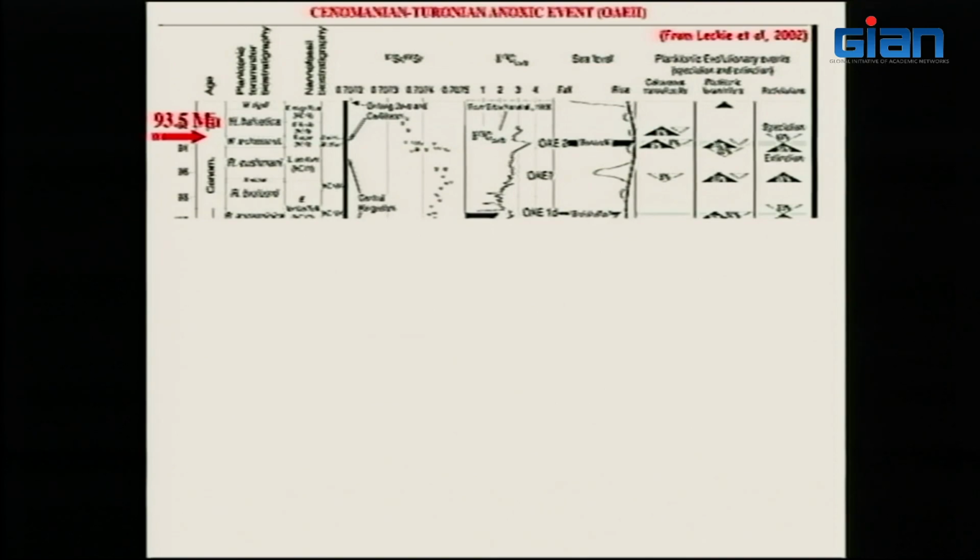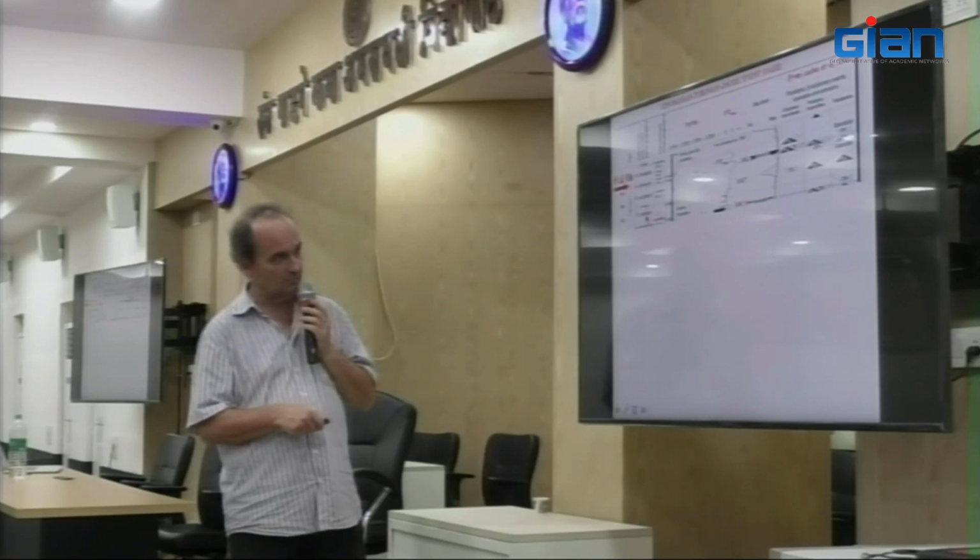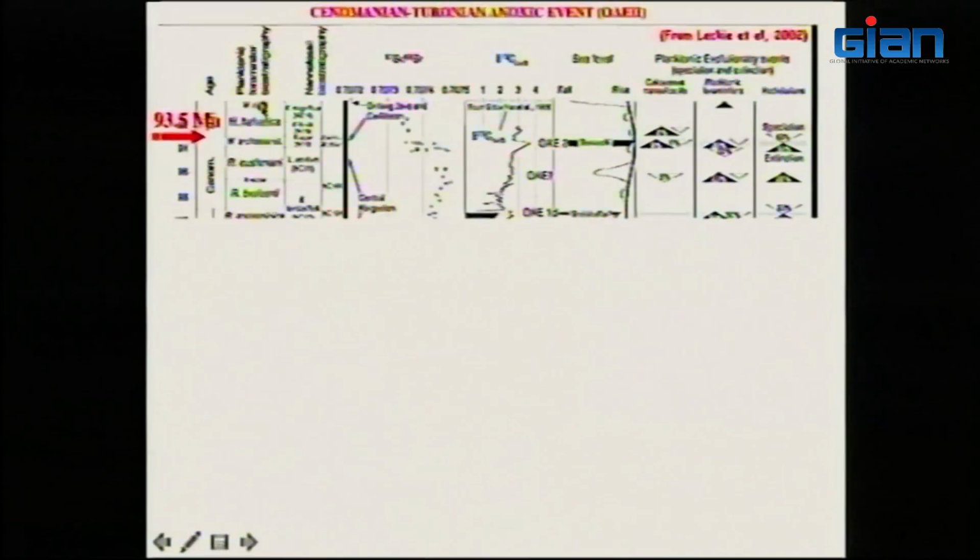Here you see the Cenomanian-Turonian boundary, which is very well dated by biostratigraphy. You have some planktonic foraminifera, and especially the disappearance of a group, which I will explain in detail. It is a very nice example of an extinction which is not so big.